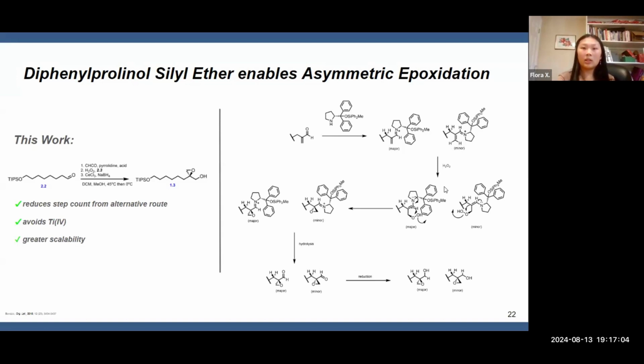Then, with the addition of hydrogen peroxide at the most nucleophilic site, it forms these two bonds, which then closes down to form the epoxide, with the major product being our desired epoxide and our minor product being the backwards-facing inactive epoxide. Following that, through hydrolysis and then reduction, we get our desired epoxide with the alcohol.